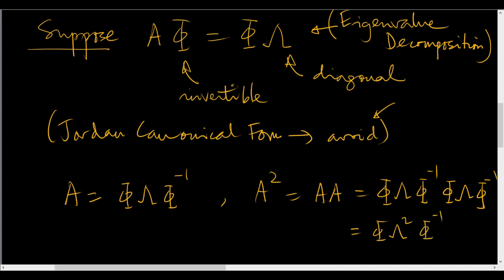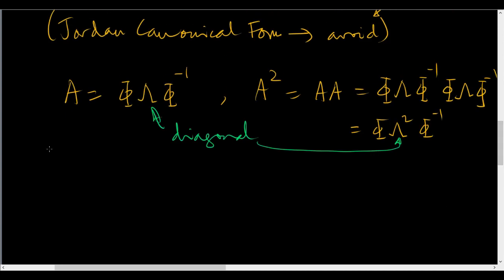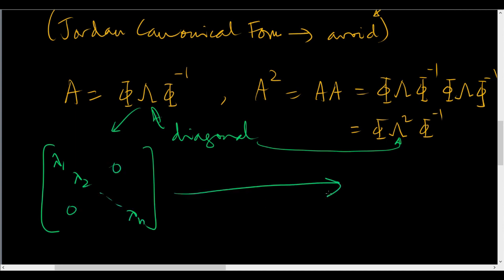And now because this is diagonal, therefore this is also diagonal. So for example, if this is lambda 1, lambda 2, lambda n and all zeros, then this is lambda 1 square, lambda 2 squared up to lambda n squared.